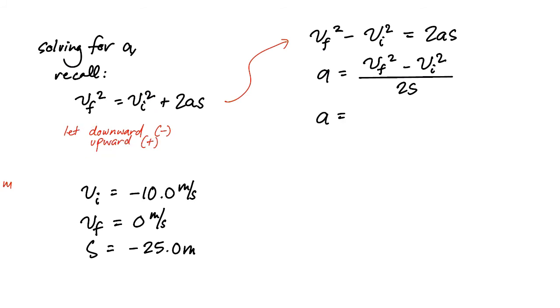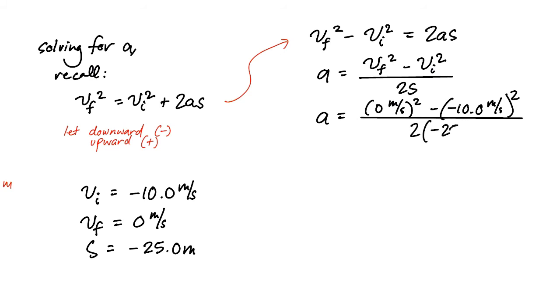So A will be equal to 0 meter per second squared minus negative 10.0 meter per second. And we will square this. Let's divide everything by 2. Our S is negative 25.0 meters. And so if you use your calculator, you should get an acceleration that is 2.00 meter per second. So ito yung acceleration nung ating elevator.